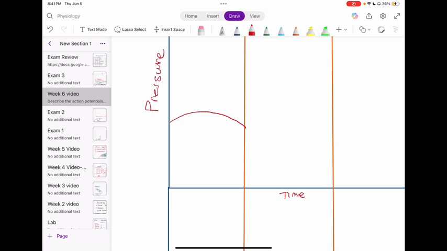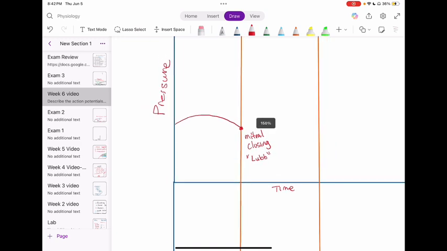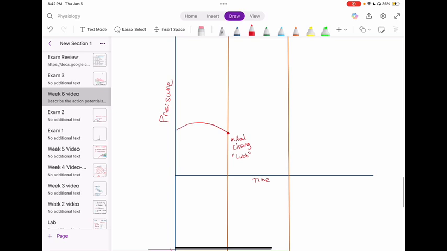So this is our mitral valve closing. As it closes, all of that blood smacks into it and it makes a whoop sound. And as that closes, the pressure builds up, it starts falling, it keeps going down.